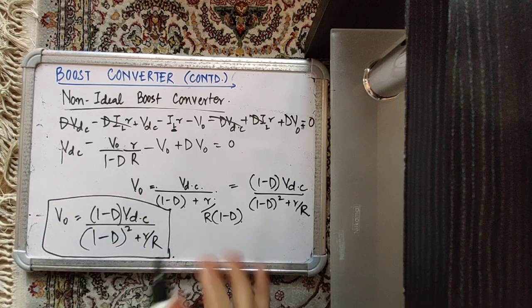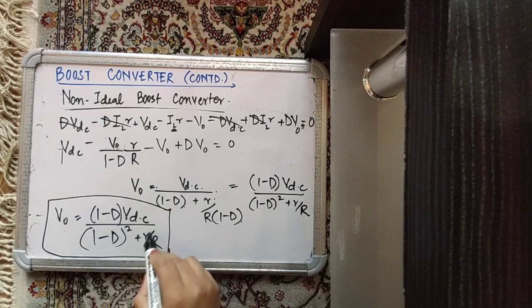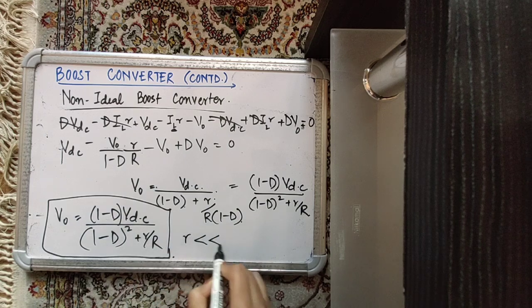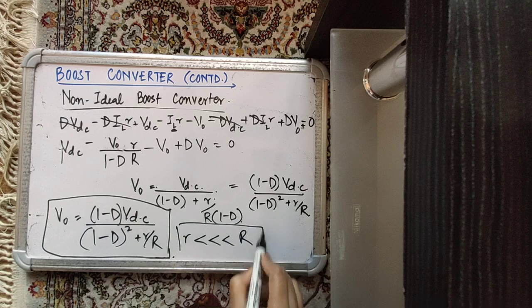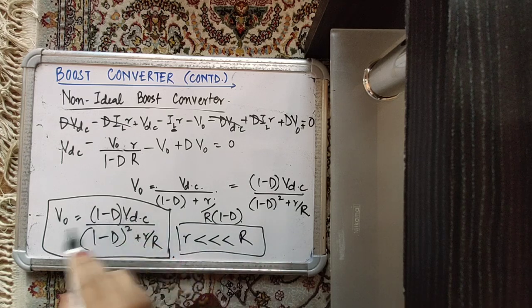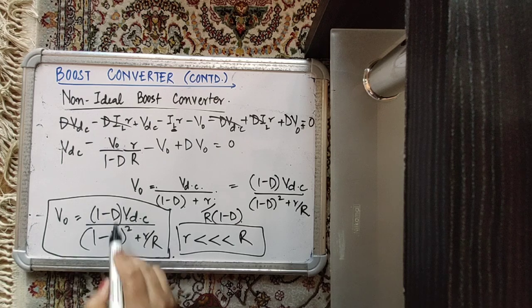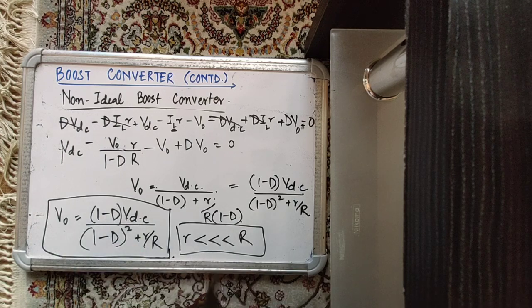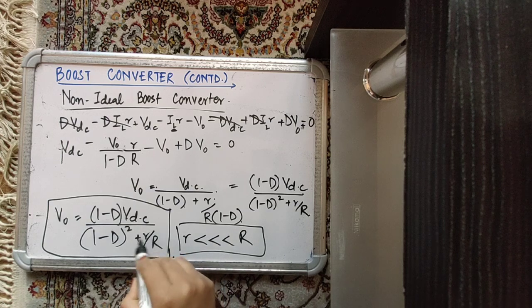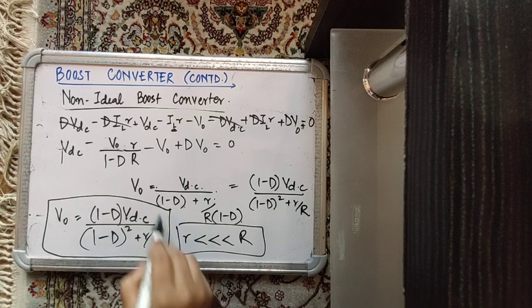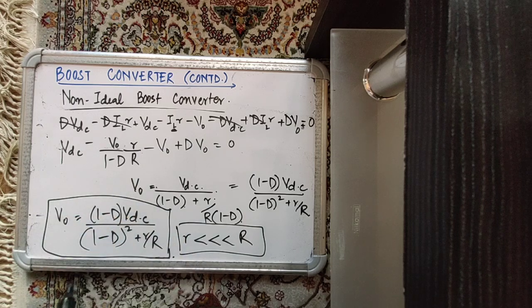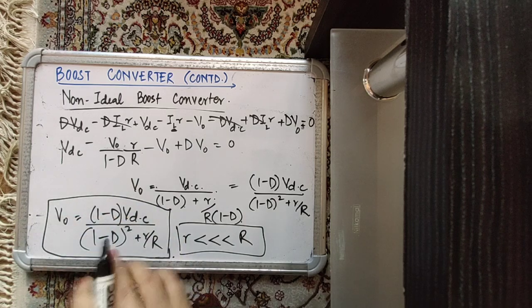If you neglect the internal resistance, assuming that it is very small as compared to the load resistance, then you can just neglect this term and you simply get V naught equal to VDC upon 1 minus D, which is your standard boost converter. But as your internal resistance increases, you can see that the voltage across the output of the converter actually decreases.